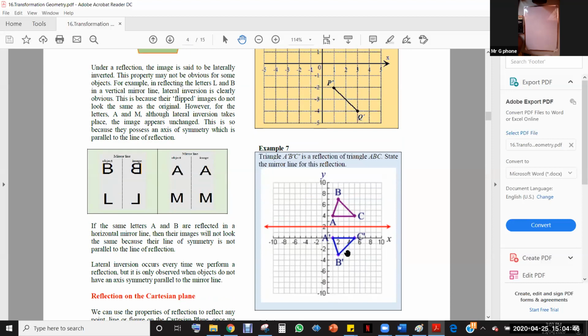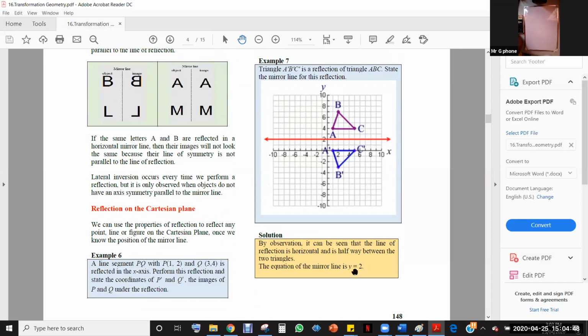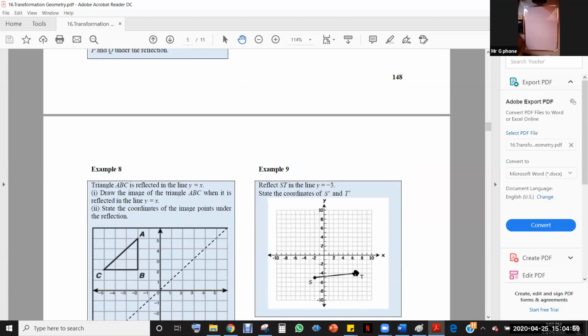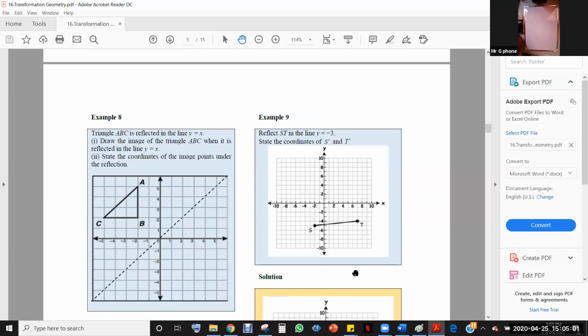That's the position of the mirror line, right? As you can see here, y equals 2. When we come to do linear programming, you will understand that more in depth. So any questions so far? No, sir. Okay, great.